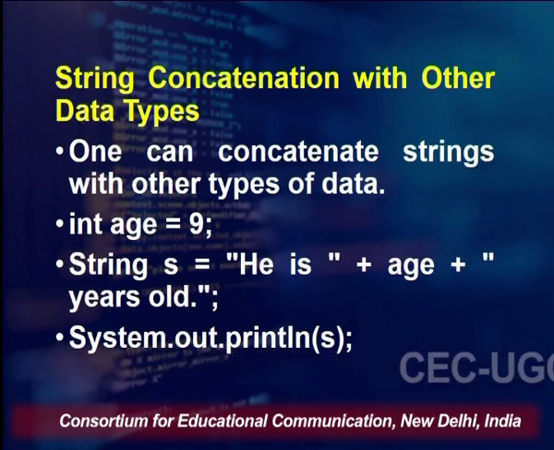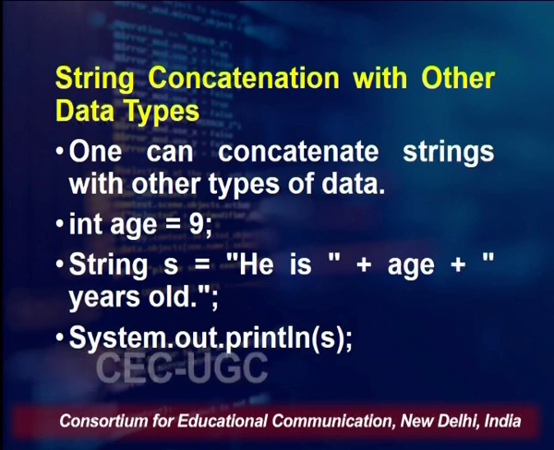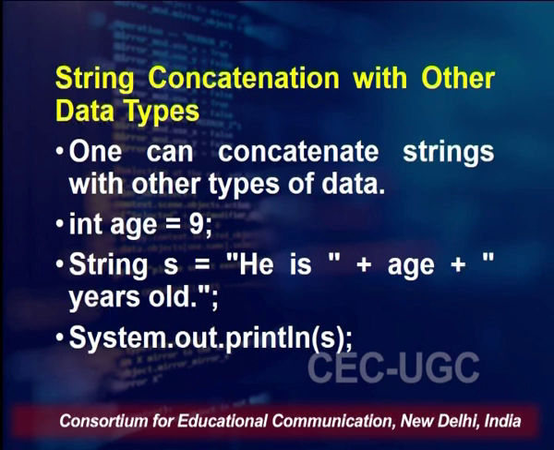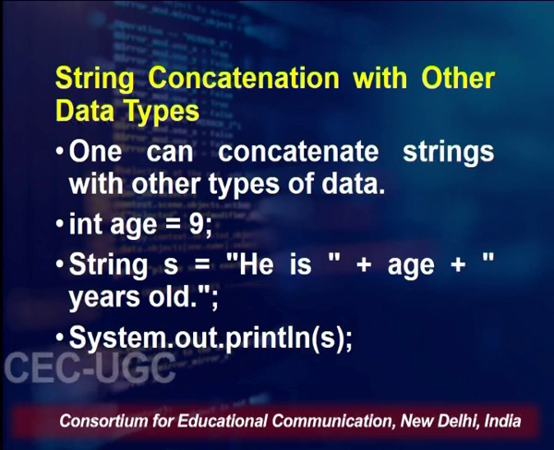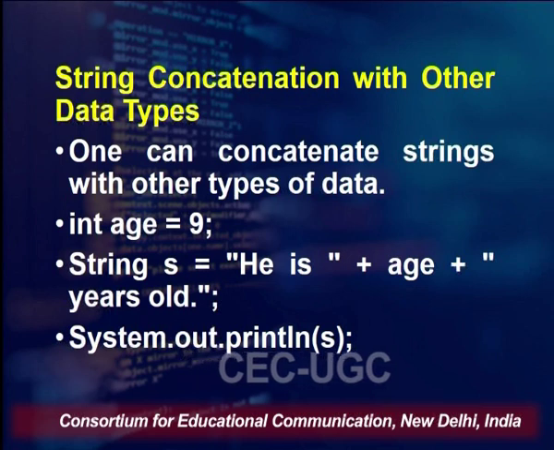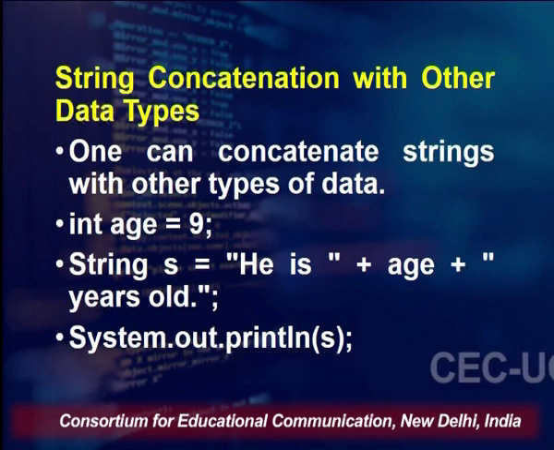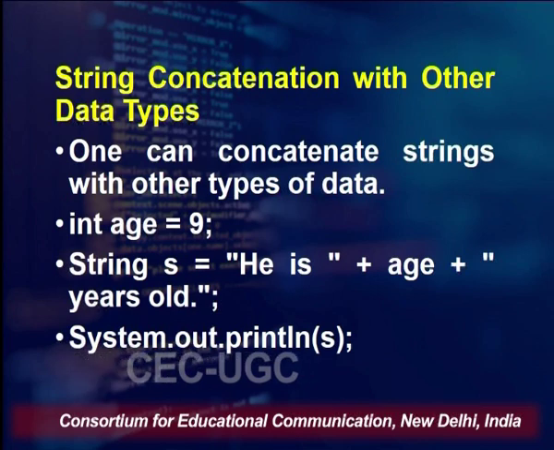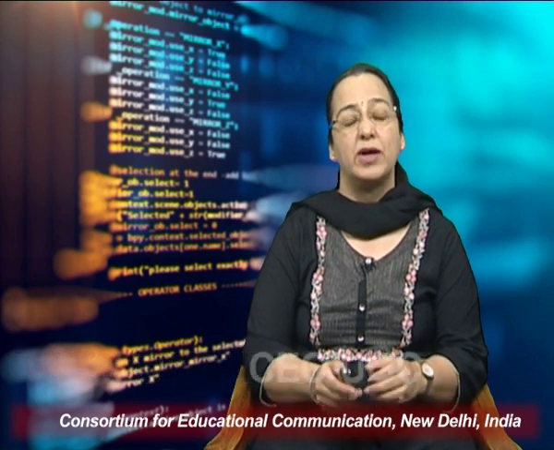There is no complexity or restriction on concatenating strings with other types of data, and this is simple to understand. Then we can simply print it with System.out.println(s), and we will get "He is 9 years old". But please recall that the plus operator is allowed to be used with strings, and other operators are not allowed by Java to be used for strings.